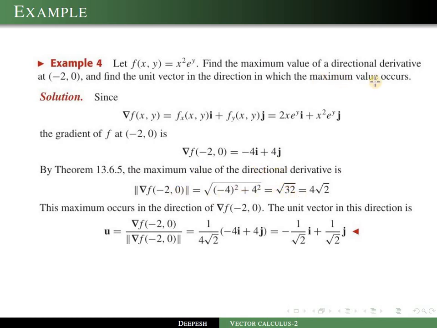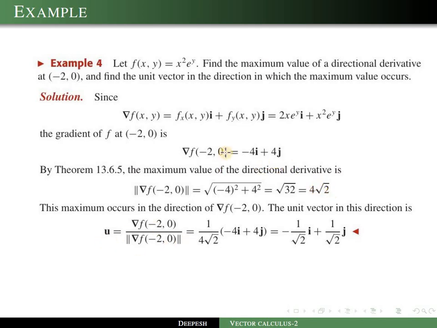Now the direction in which the maximum derivative occurs will be the direction of del f, and u cap you have to take as a unit vector. So the unit vector in the direction of -4i plus 4j is obtained by dividing del f by its length, which is 4 root 2, right?